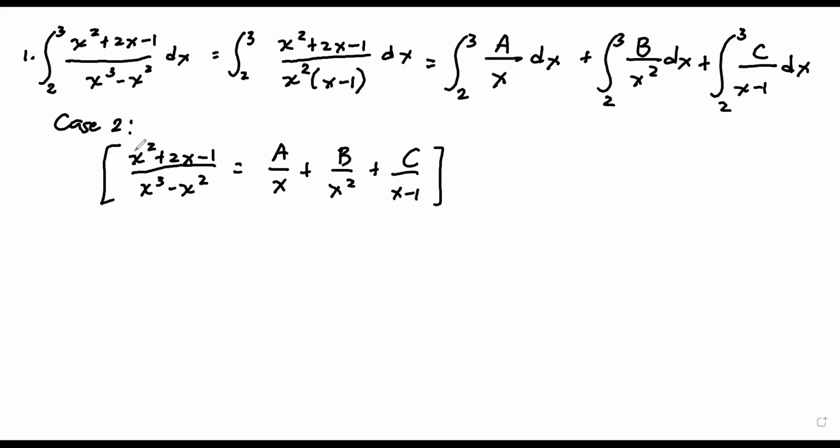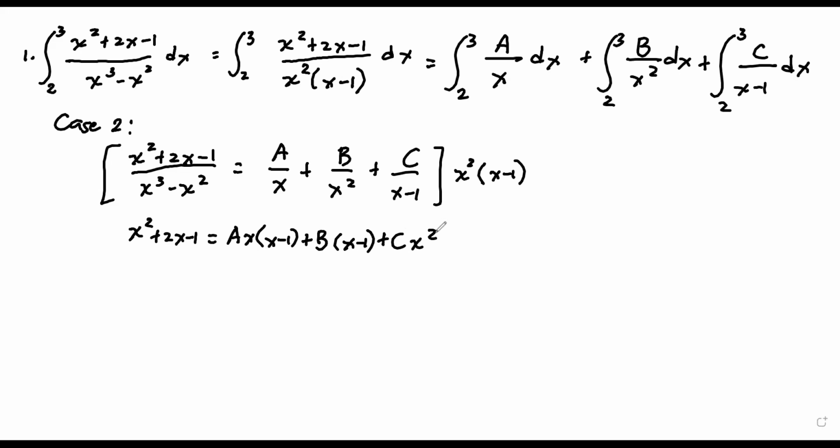To solve this, we find the LCD, x squared times x minus 1, and multiply both sides by it. So we will have x squared plus 2x minus 1 equals A times x times x minus 1, plus B times x minus 1, plus C times x squared, since the factors cancel out.